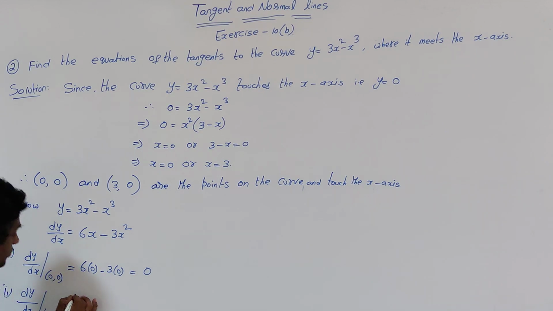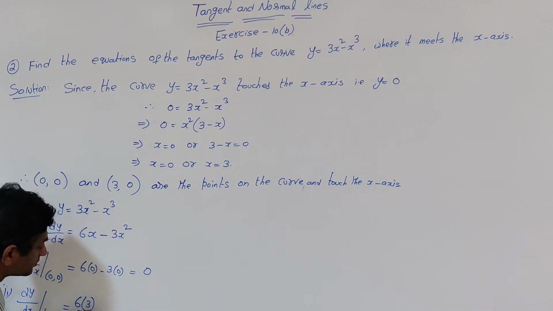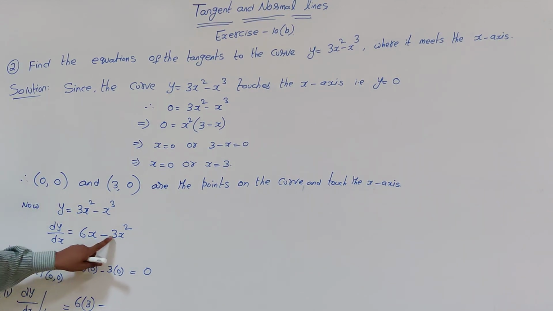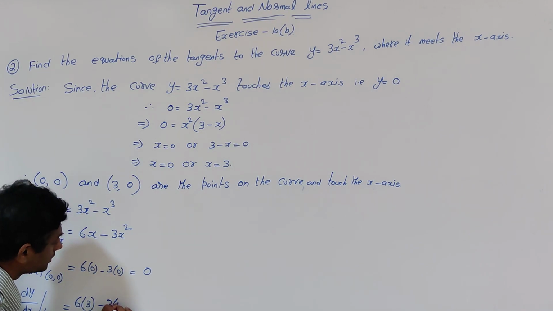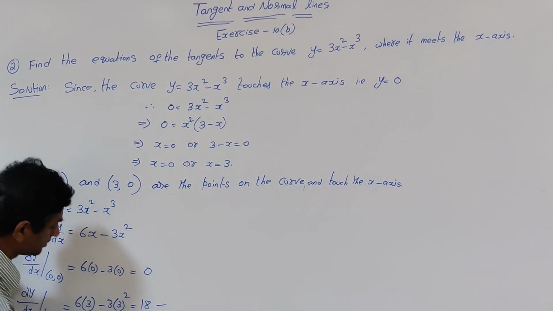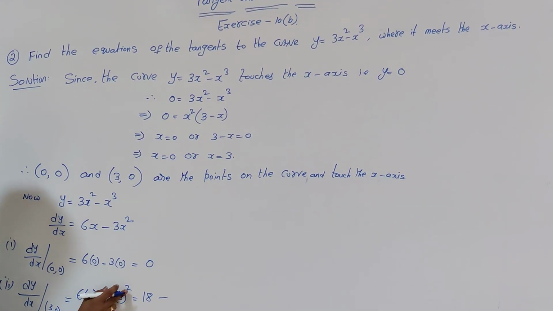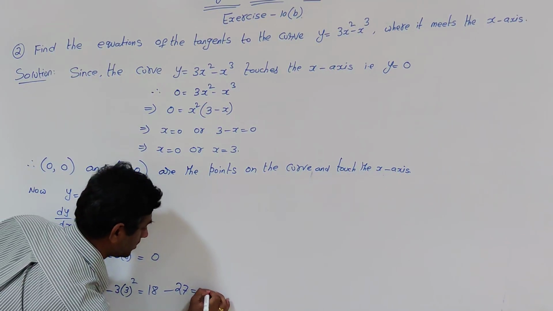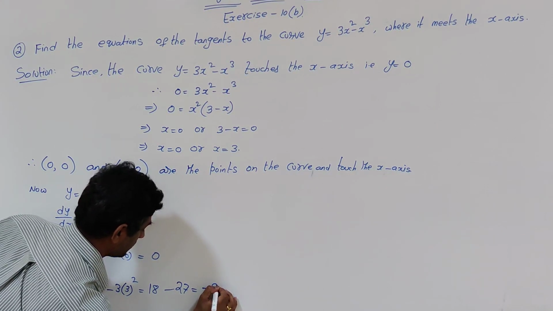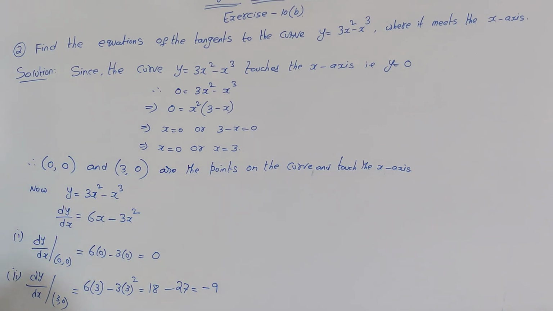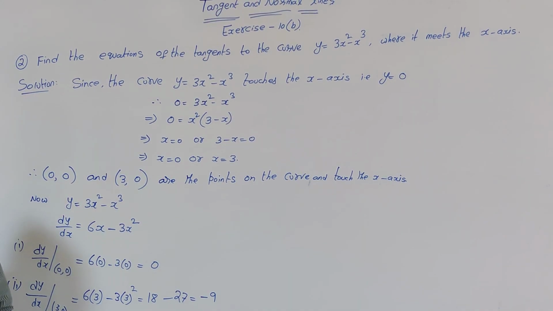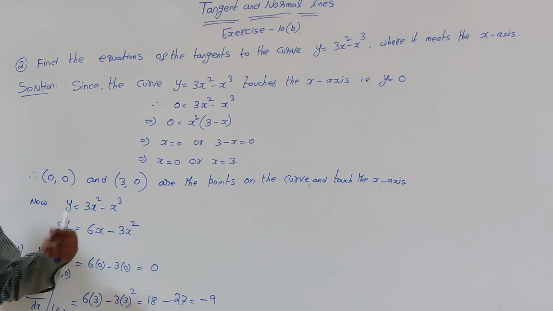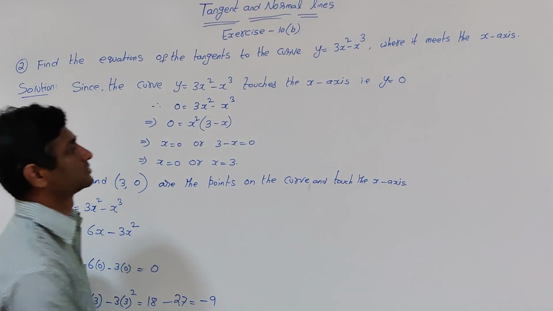So 6 into 3 minus 3 into 3 square. 6 into 3 is 18, minus 3 into 9 is 27, so which is minus 9. So after finding the slopes, now we have to go for the equation of the tangents.